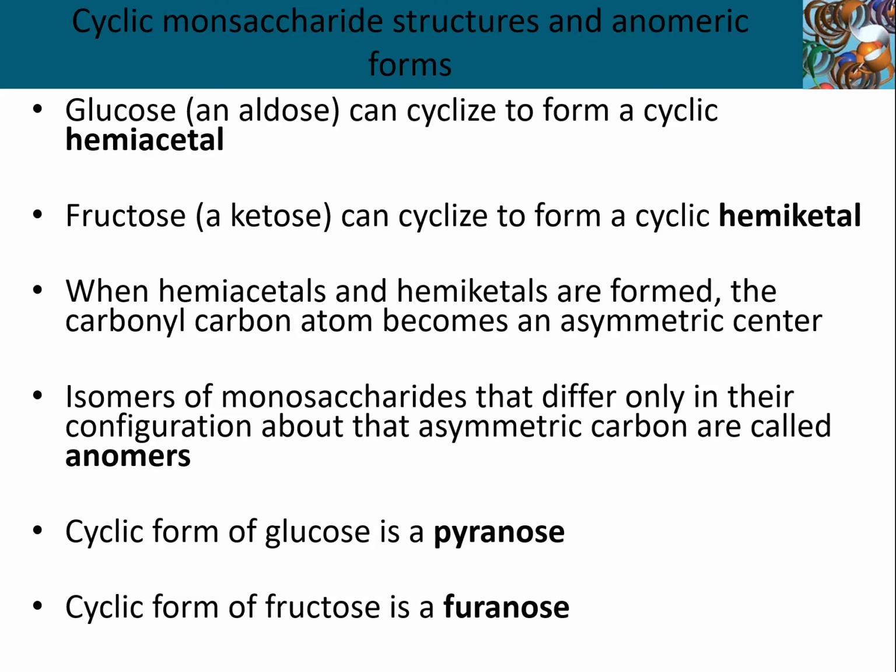So when both the hemiacetal and hemiketal form, the carbonyl carbon atom, both at the aldehyde and at the ketone, becomes a new asymmetric center. It's called the anomeric carbon.